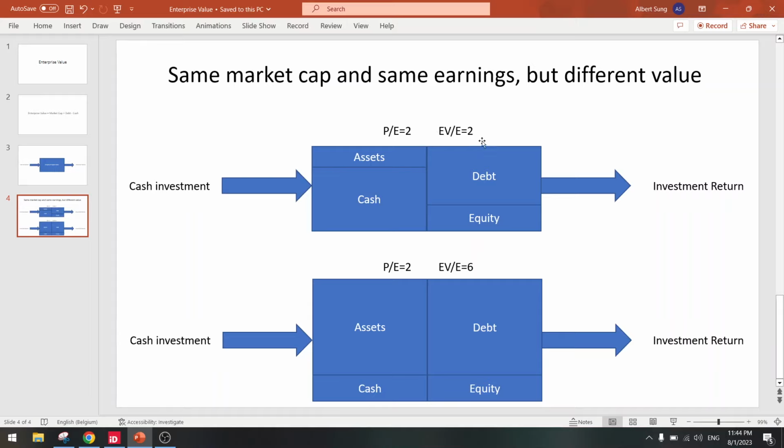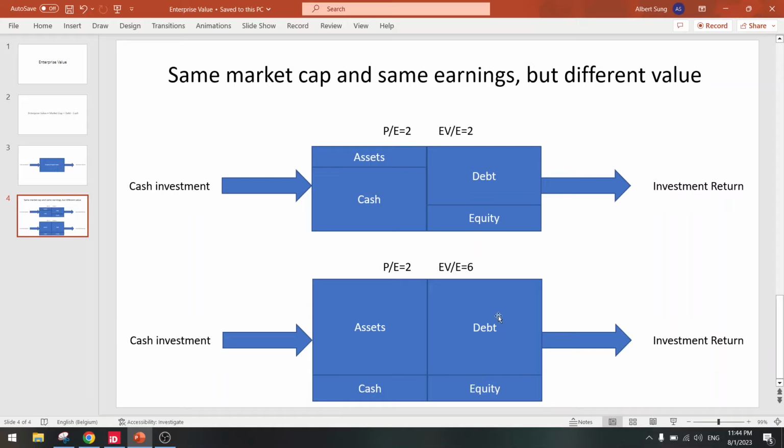This looks like a very cheap company. Enterprise value to earnings is 2. But when we look at the second company, this company has the same equity, right? But has much less cash and a huge amount of debt. There's a pile of debt that needs to be paid off. First company doesn't have that debt.